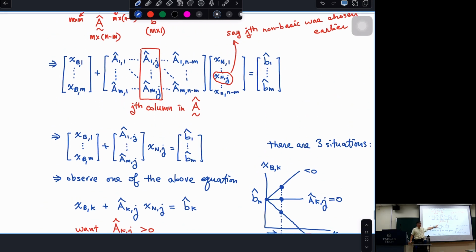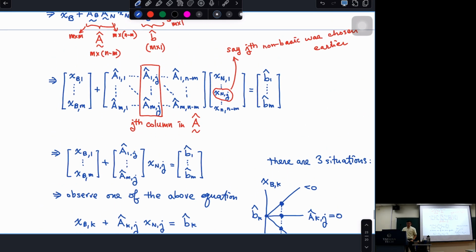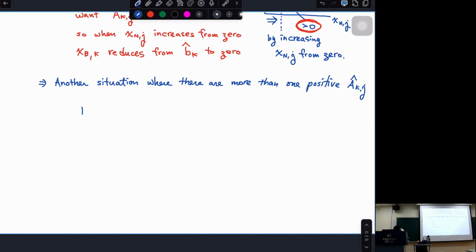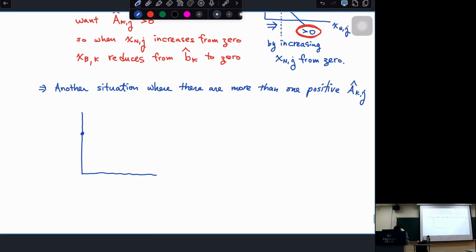How about more than one positive? Okay, so that's why there's something called ratio test. So the scenario looks like this. This is originally b_k, and this is x_nj, okay? And there will be a scenario like this, another one like this, okay?